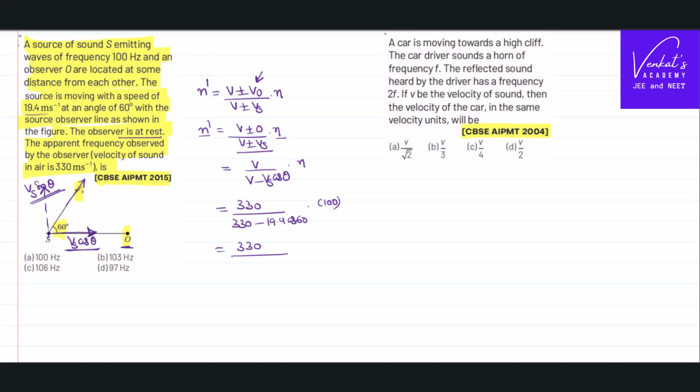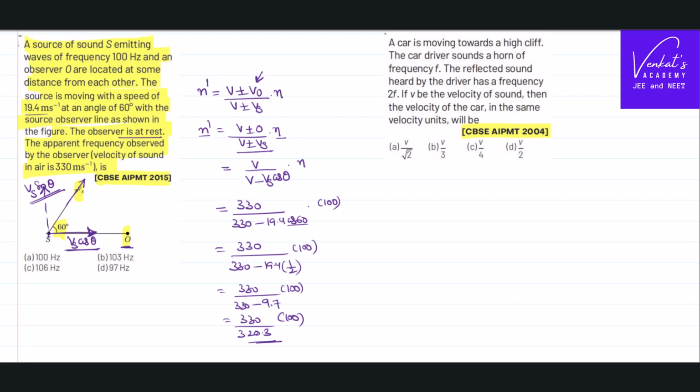So this is 330 by 330 minus 19.4 cos 60, which is half, of 100. So this is 330 by 330 minus 9.7, that is 320.3, of 100.